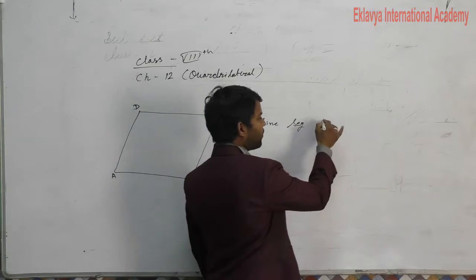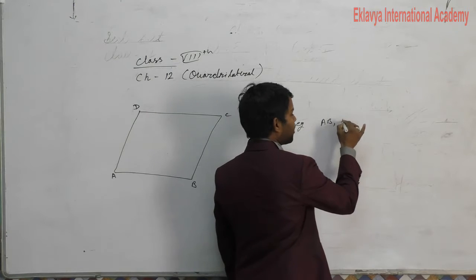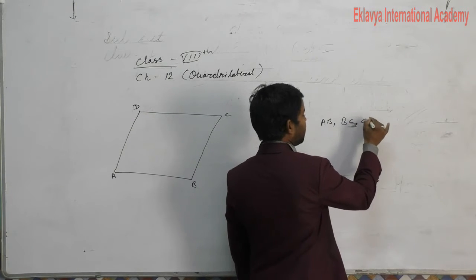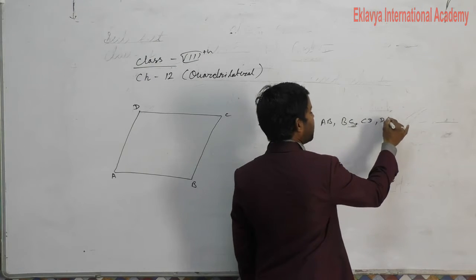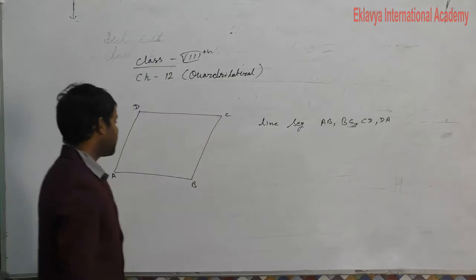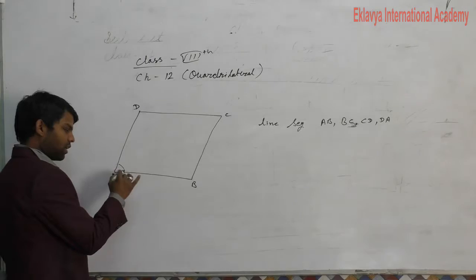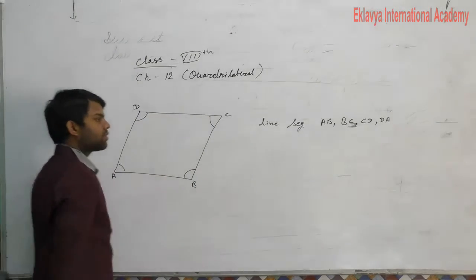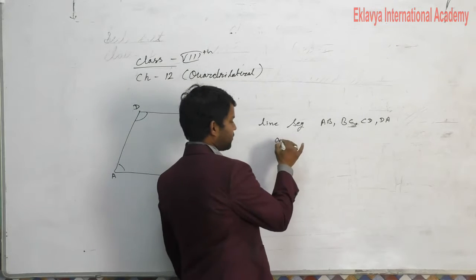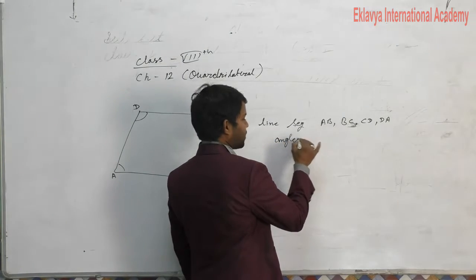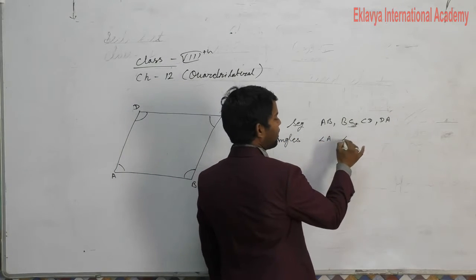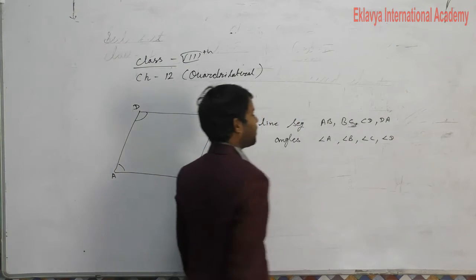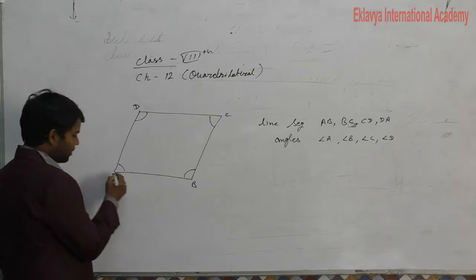These are AB, BC, CD and DA. Similarly, here we have four angles. These are four angles. Then we write angle A, angle B, angle C, angle D. And four vertices.